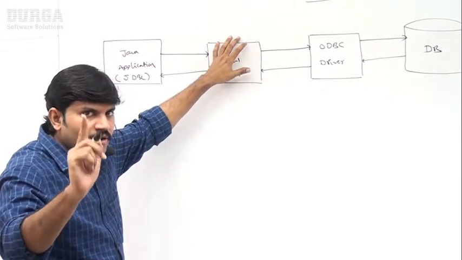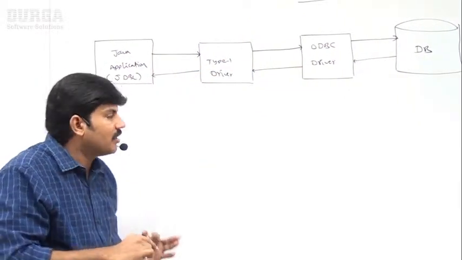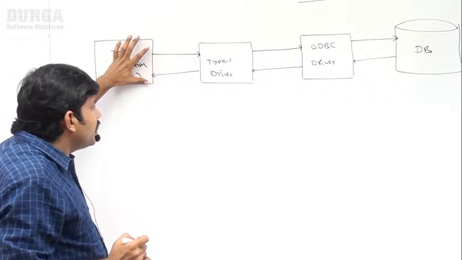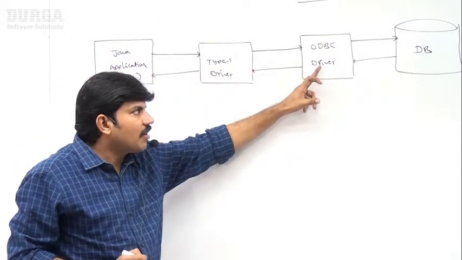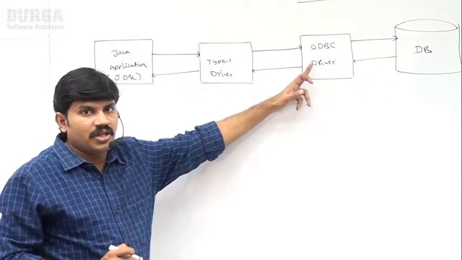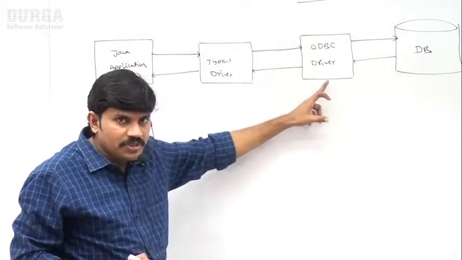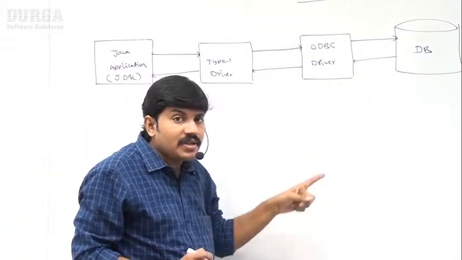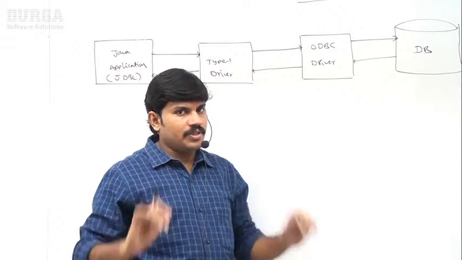Can you spell out what is the job of this type 1 driver, sir? To convert JDBC calls into ODBC calls, and ODBC calls into JDBC calls. Are you getting that? The type 1 driver converts JDBC calls into ODBC calls, and the ODBC driver converts ODBC calls into database specific calls.